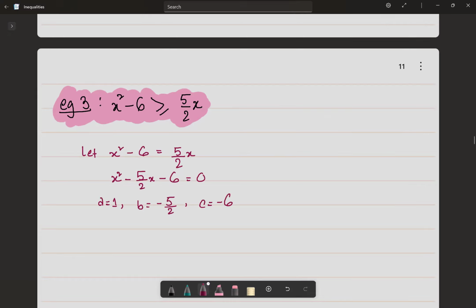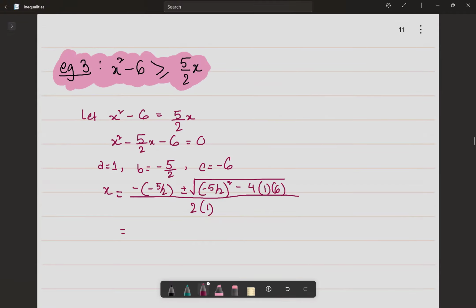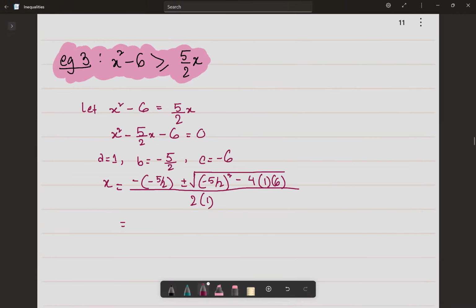So we get x equals minus b plus minus root over b squared minus 4ac divided by 2a, and the answers that I get are 4 and negative 3 by 2. I call these my critical values.